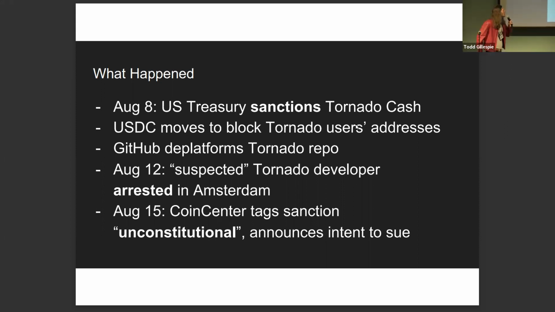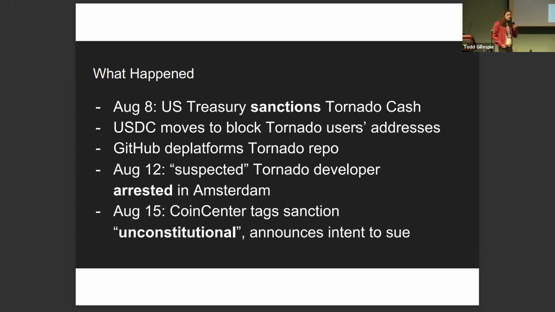So subsequently, USDC, the second largest stablecoin, moved to block all Tornado Cash users' addresses. And since this is cryptocurrency world, they can do that programmatically, so that if you use funds from Tornado Cash, the USDC contract will automatically block you.